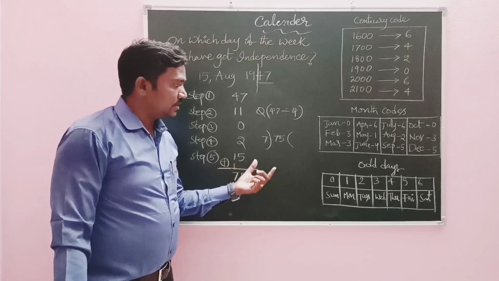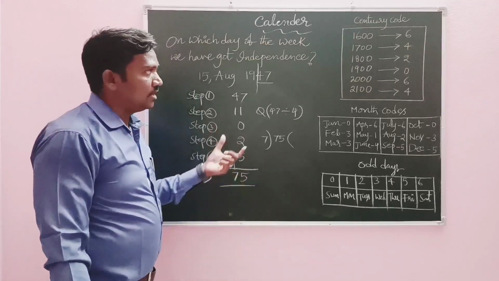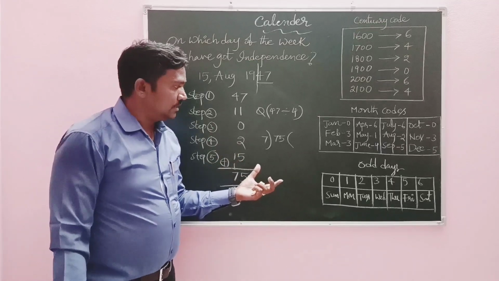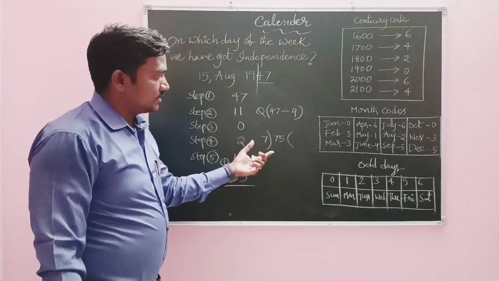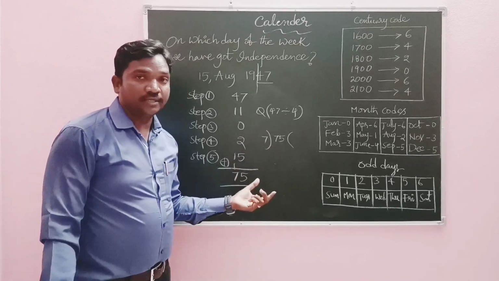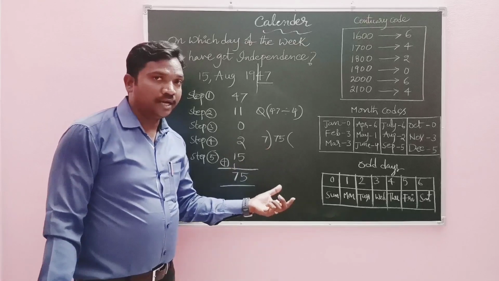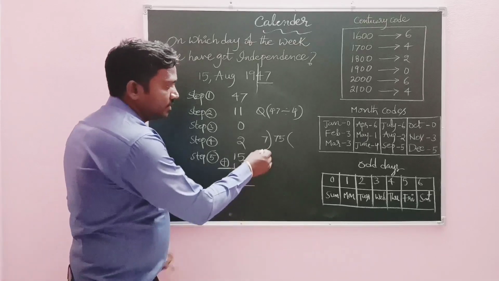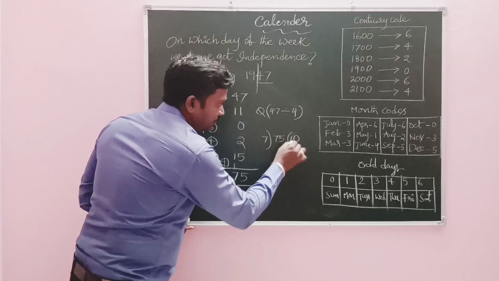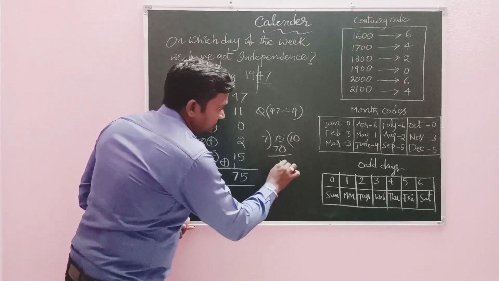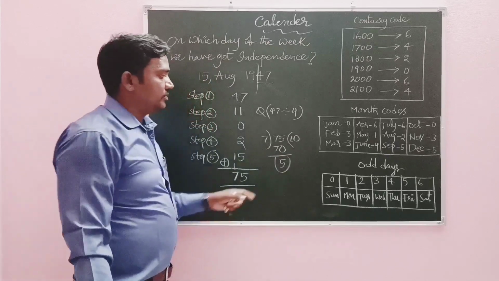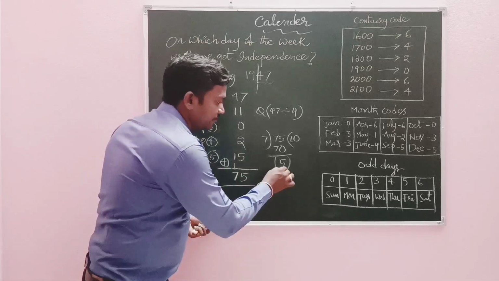Here comes the number of odd days. We have already discussed odd days. If the number of days is divided by 7, then the remainder is called odd days. 7 tens are 70, so the remainder is 5.